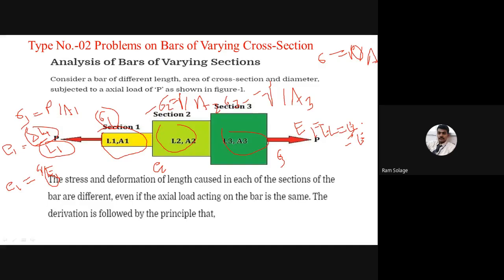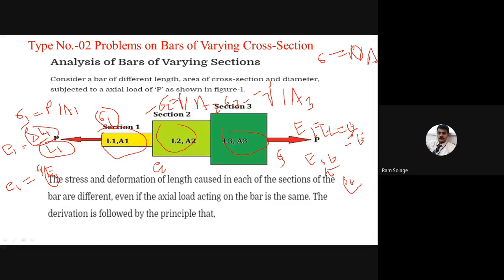But sometimes in the problem they are giving section 1 made of steel, section 2 made of cast iron, and section 3 made of aluminum. In that case the material changes, and according to that the value of E will change. So we have to take E1 as a different value: E for steel, E for aluminum, and E for cast iron.